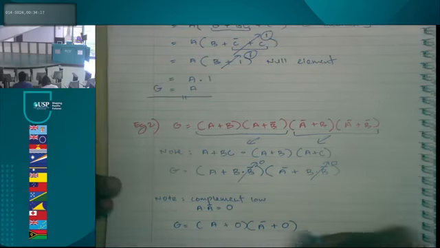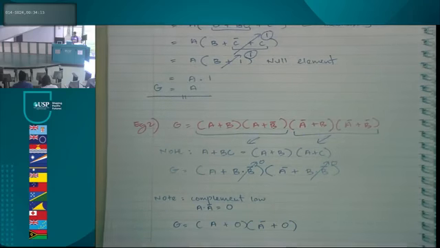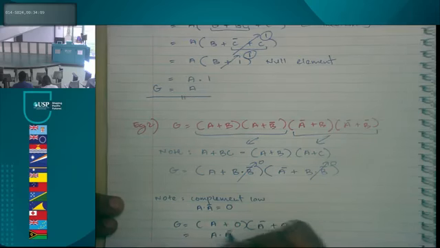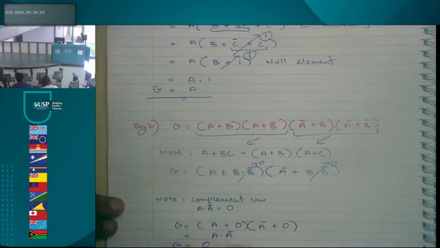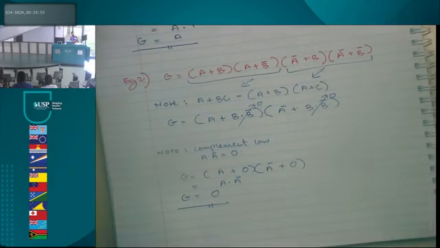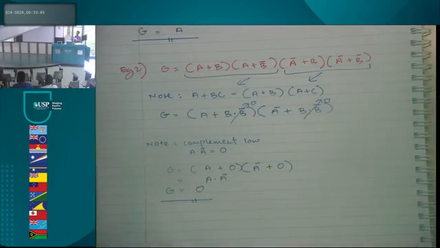So 0 doesn't have any objections to that. So just move on to A and A bar. So this collaborates to this complement law. So your G will just be 0 in this case. So that's your total simplified expression. Okay. Please quickly copy this so we can move on.